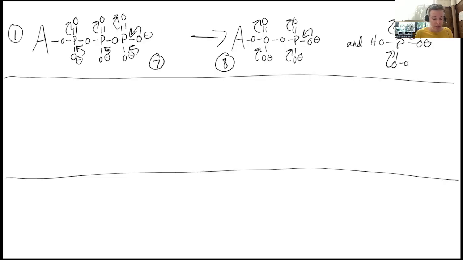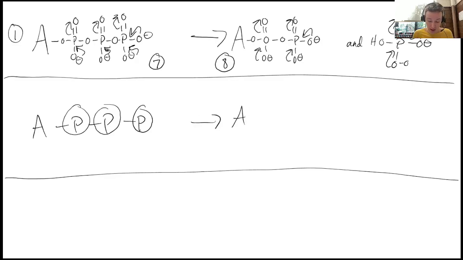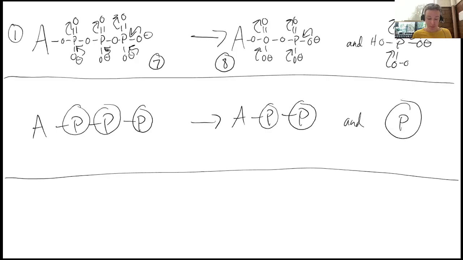So here I'm going to draw ATP even more simplified, with all of these phosphates just drawn as circles here, and then ADP on the right-hand side. So have we reduced repulsion?